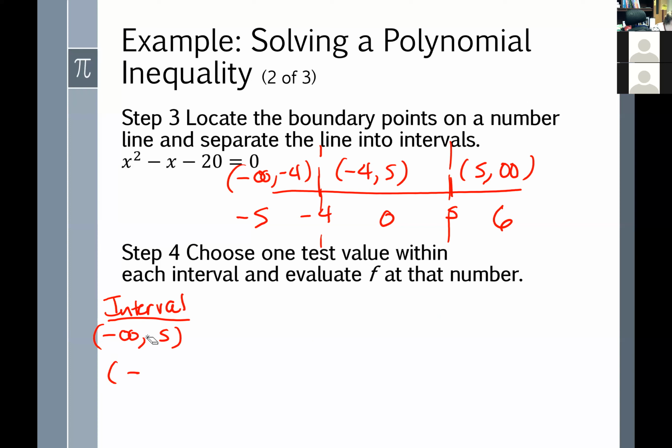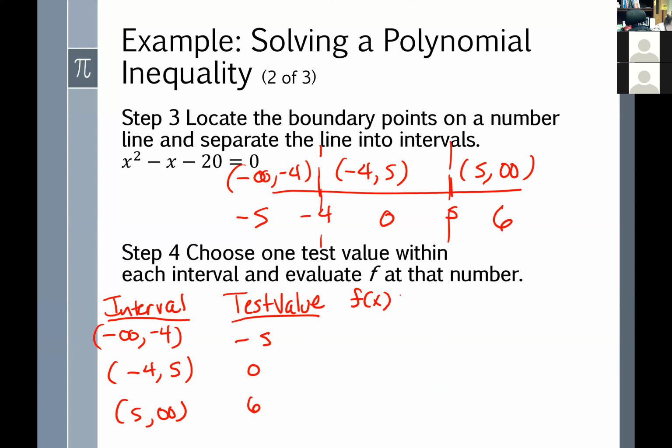Here are my test values. And then I'm going to evaluate the function. So I'm going to evaluate it at -5.